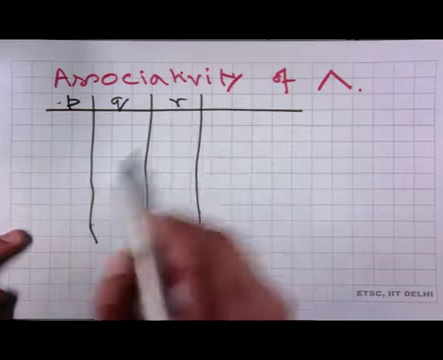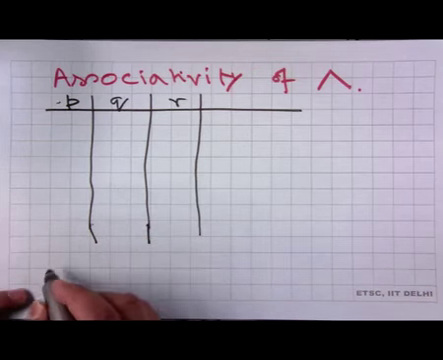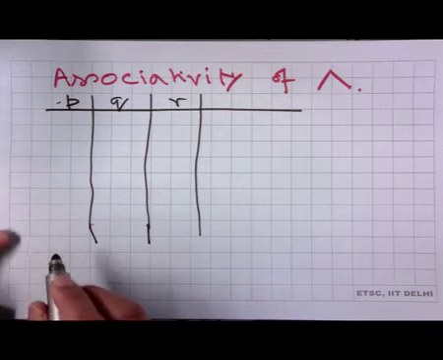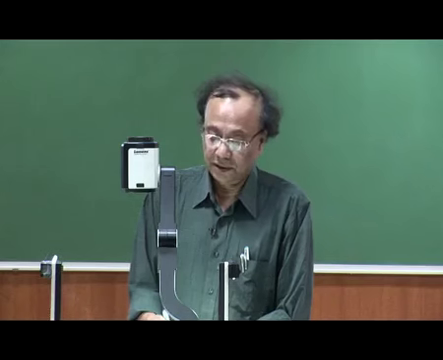Now, we have 3, therefore, we will have 2 to the power 3, that is 8 possible values. Let me write them in a systematic way.